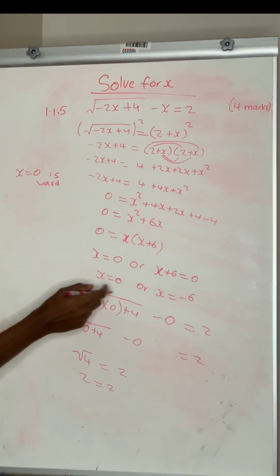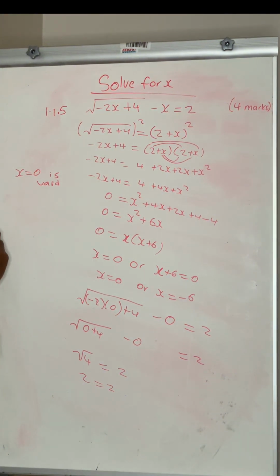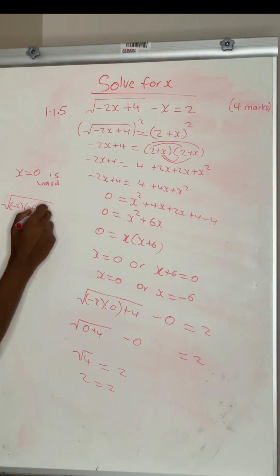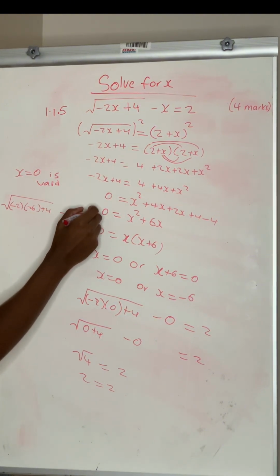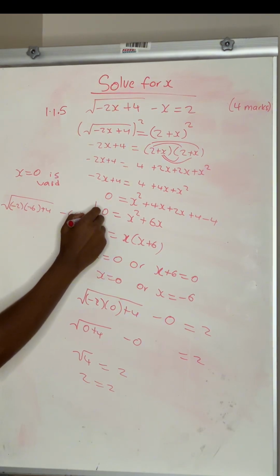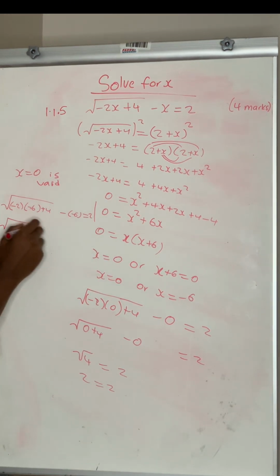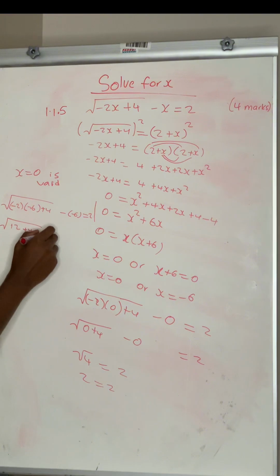Then you can also check if negative 6 is also valid. So we go and substitute again. The square root of negative 2 times negative 6 plus 4 minus negative 6 is equal to that positive 2. Okay. Square root of 12 plus 4 plus 6 is equal to 2.